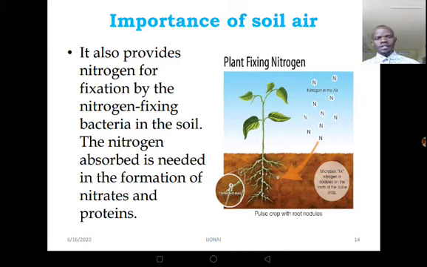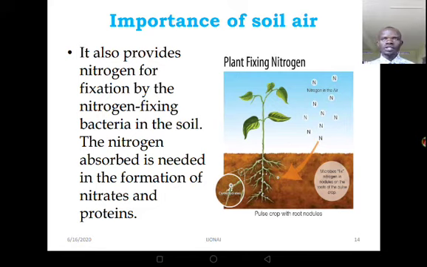The third importance of soil air is about providing nitrogen for fixation by the nitrogen-fixing bacteria which are found in the soil. As we are going to discuss in the nitrogen cycle, the nitrogen that is absorbed from the atmosphere is not used directly in the soil.